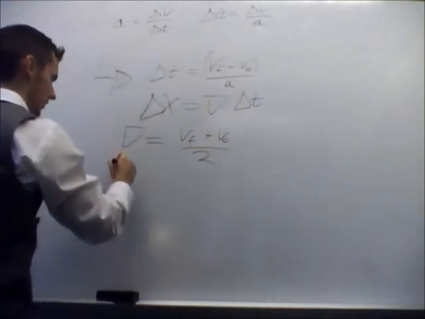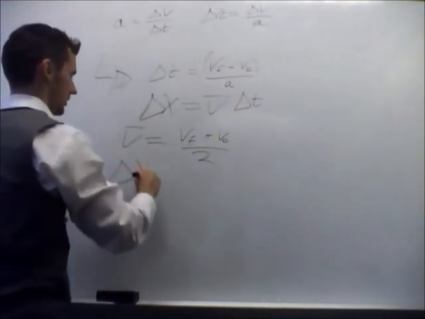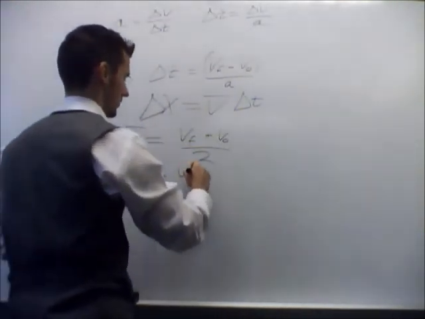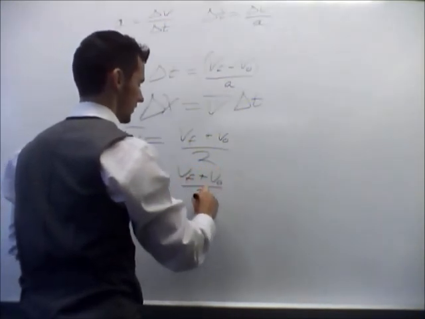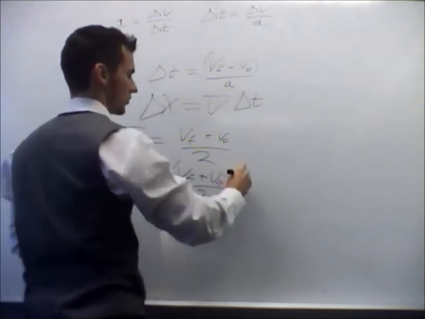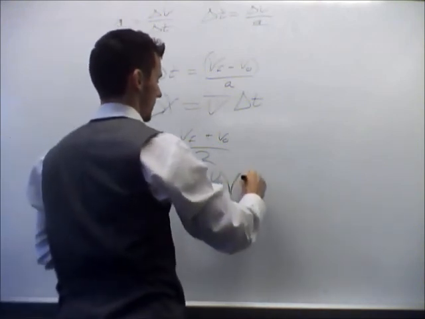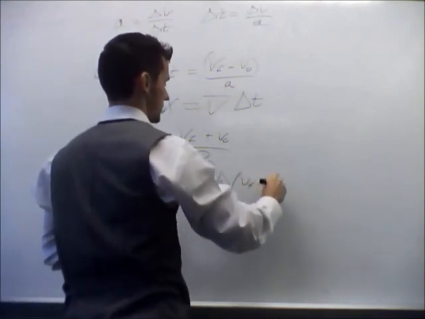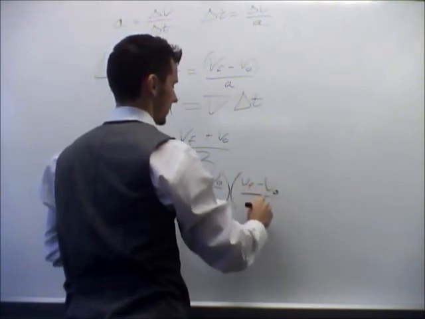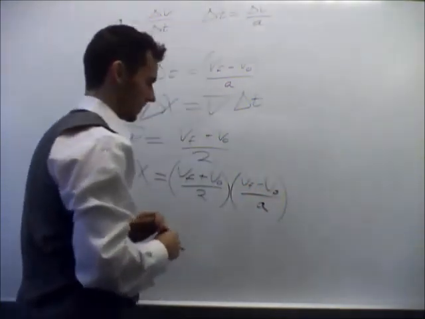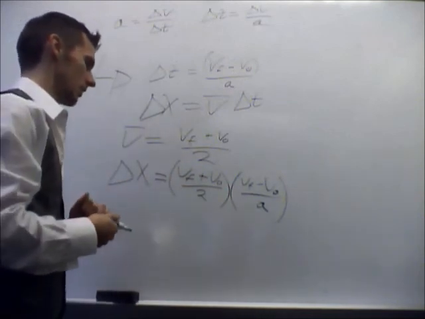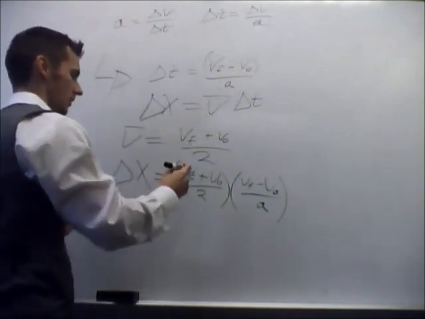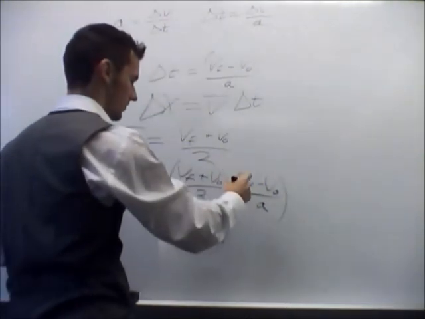And what are we going to be left with? We have change in x is equal to v final plus v initial divided by 2 multiplied by v final minus v initial divided by acceleration. Now, this is a little bit complicated. We're going to have to FOIL.